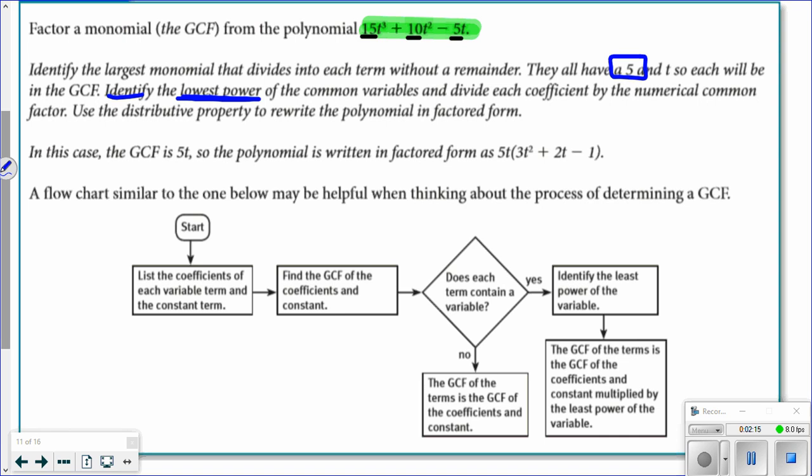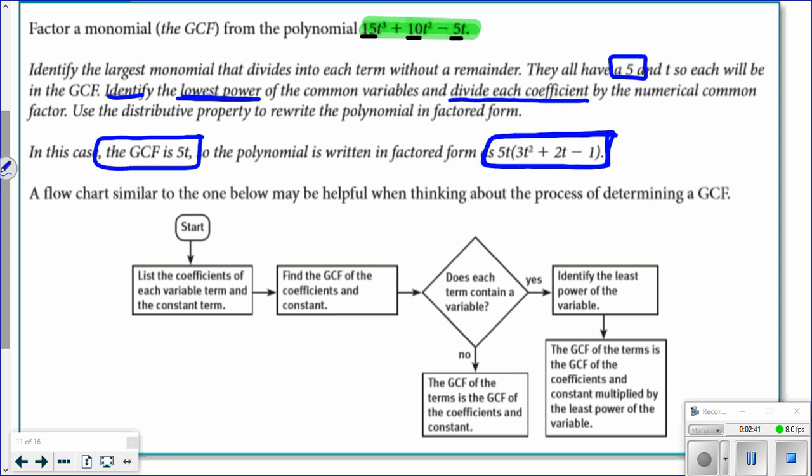Okay, so in this case, our GCF is 5t. So what we need to do is divide each coefficient by 5. Okay, and then remember, we also need to subtract our exponents. So if you're looking here, they give us the final answer right here.